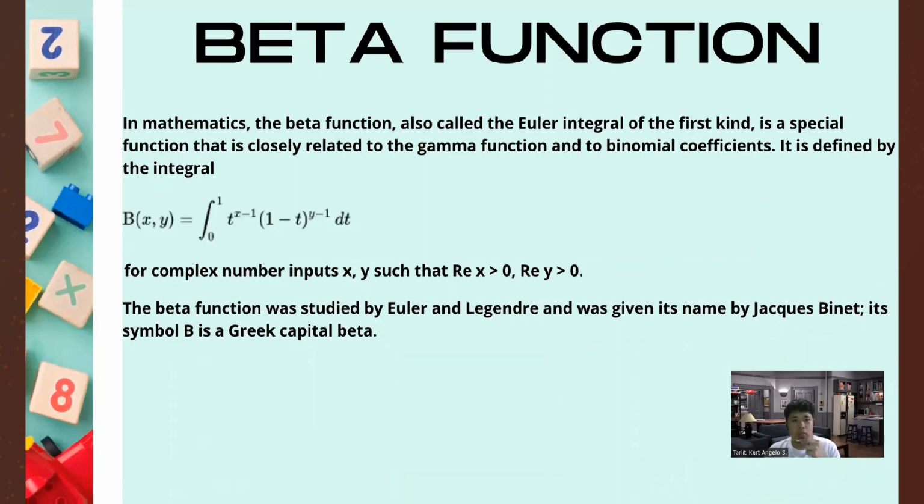Beta function. In mathematics, the beta function, also called the Euler integral of the first kind, is a special function that is closely related to the gamma function and to binomial coefficients.